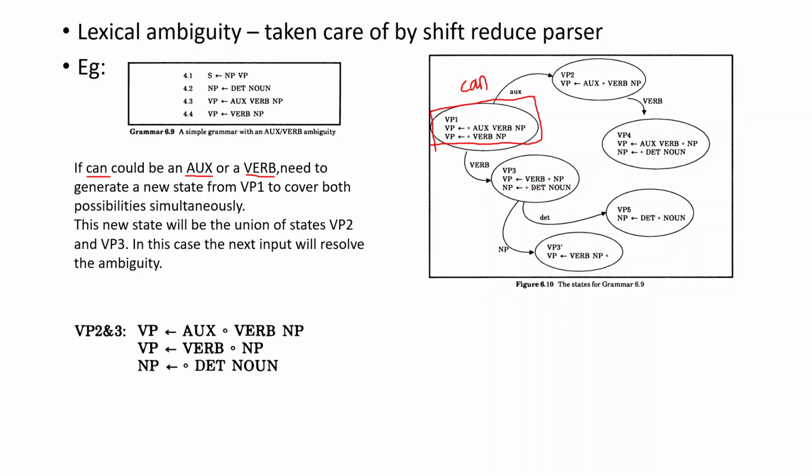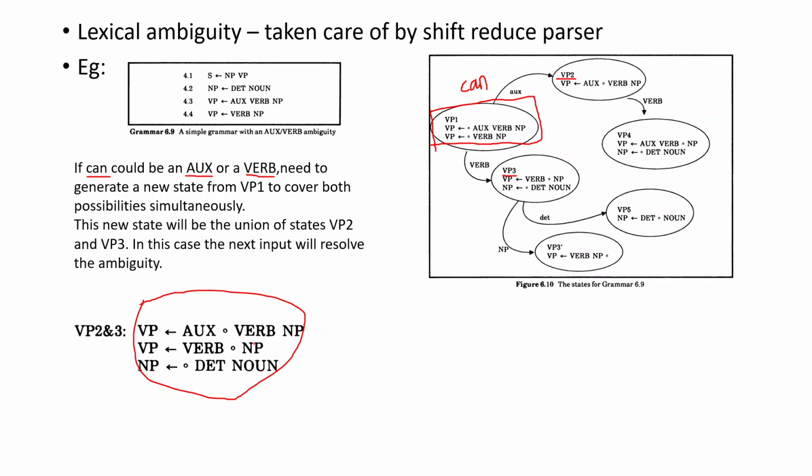That level of ambiguity can be maintained, and we can combine the states BP3 and BP2 to form a state like this, which contains both sets of productions. That is, whether it is an auxiliary verb or a normal verb, can be either of these, so it still remains in the same state. When we read the next input symbol, after can, there might be a verb or a noun phrase. Depending on that, we can have the ambiguity resolved there.